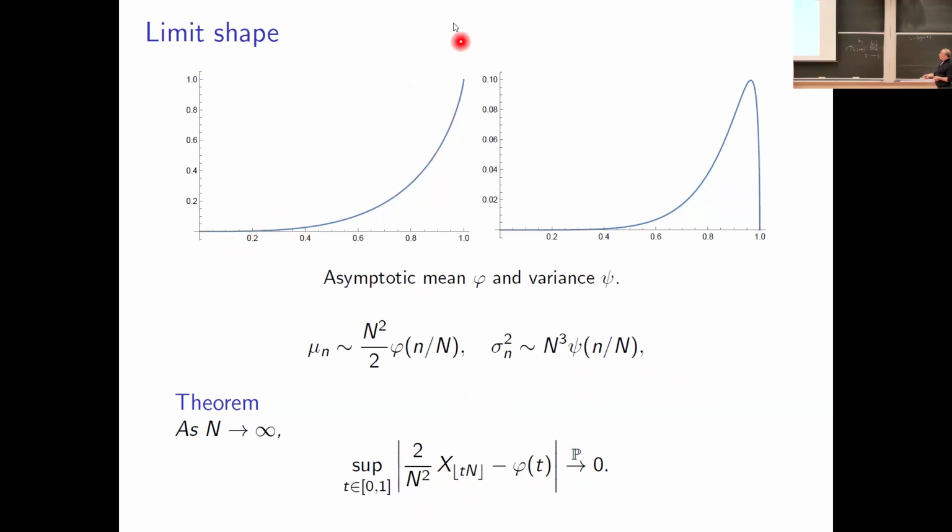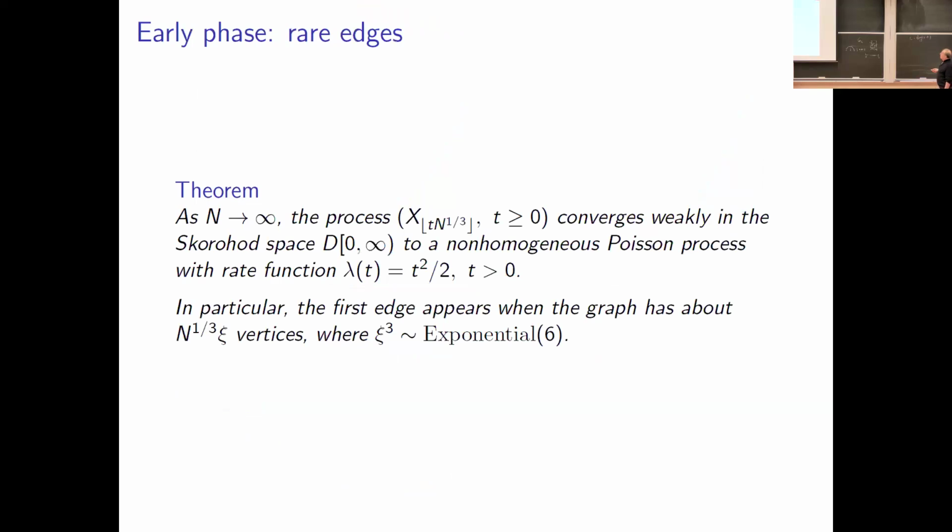The number of edges will grow according to this curve. Okay, so now the next question. We have some limit shape. What happens if we look under the microscope, if we explore the fluctuations?